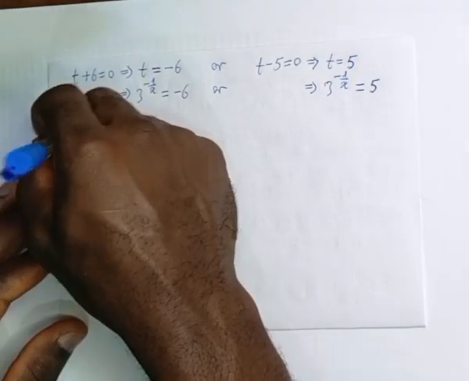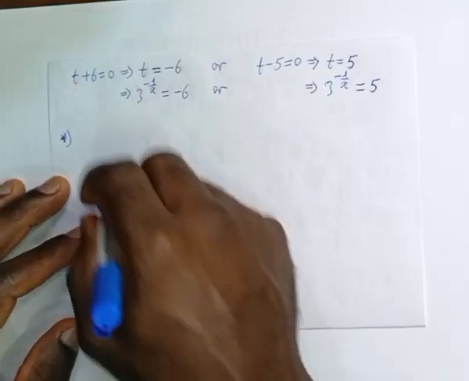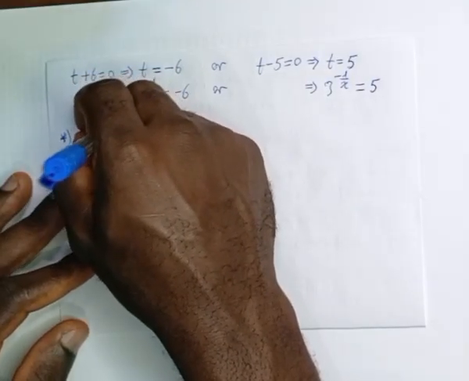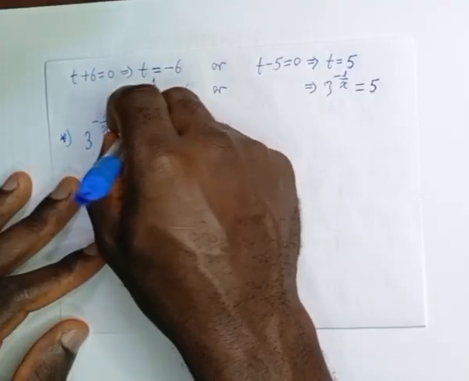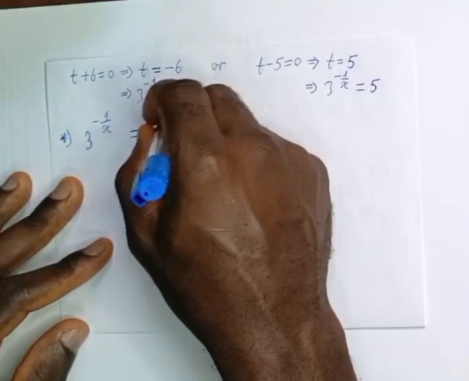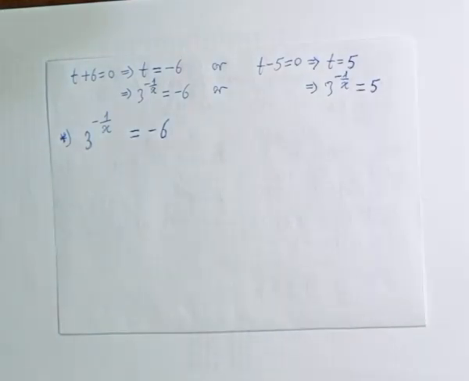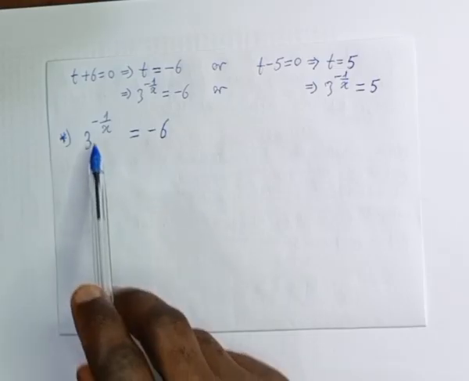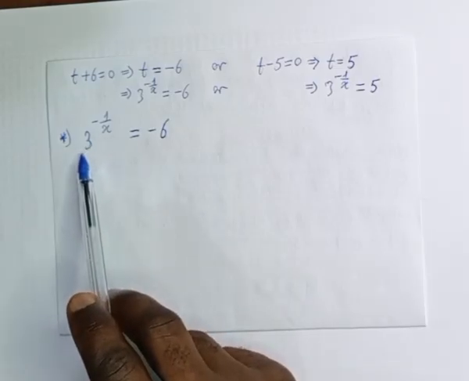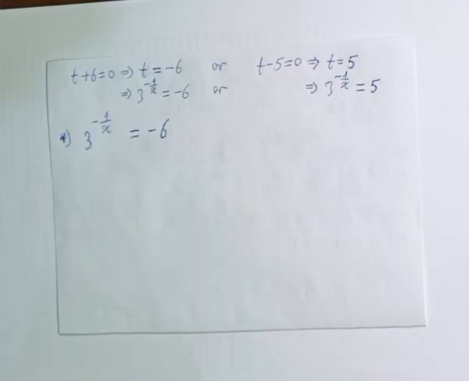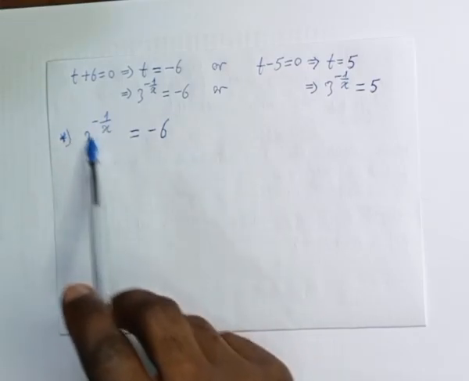We take the first star, which is 3 raised to the power -1 over x equal to -6. We have to solve for x. First thing, we are going to start by taking ln on the left hand side and ln on the right hand side. The reason why we are taking ln is simply because we want to bring down this power.